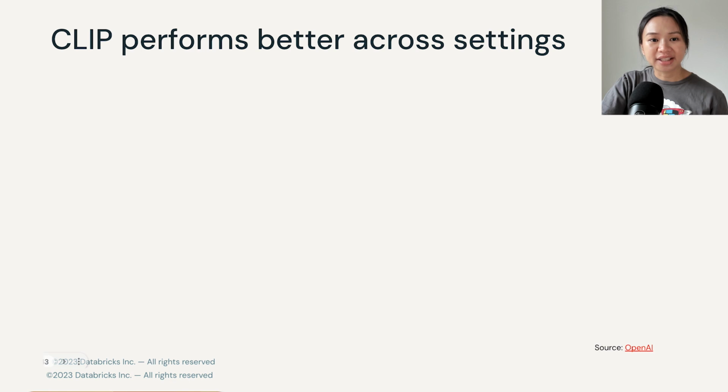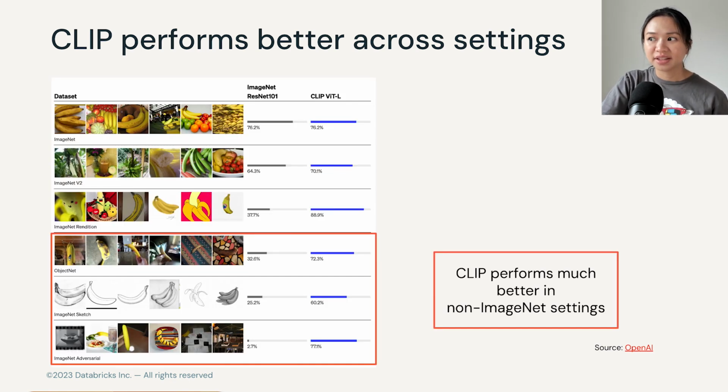What we find is that CLIP can perform better across settings. You can see in this image over here, we have the ImageNet dataset, and we also have other, maybe more realistic, images drawn of a banana in different settings.